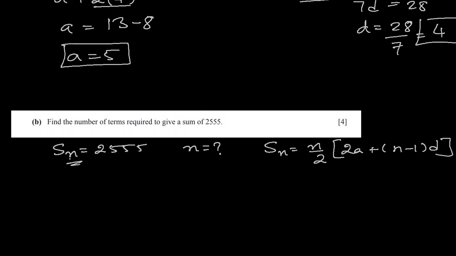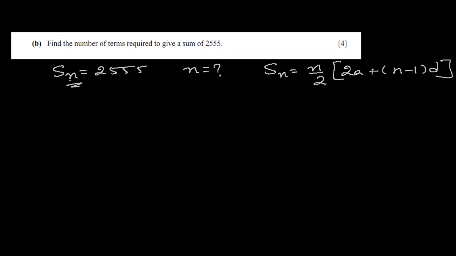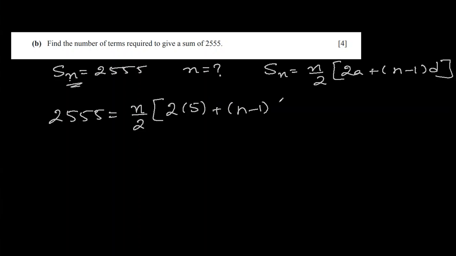So a we got was 5 and d is 4. So 2,555 is equal to n over 2, 2 times a is 5, plus n minus 1 d is 4.